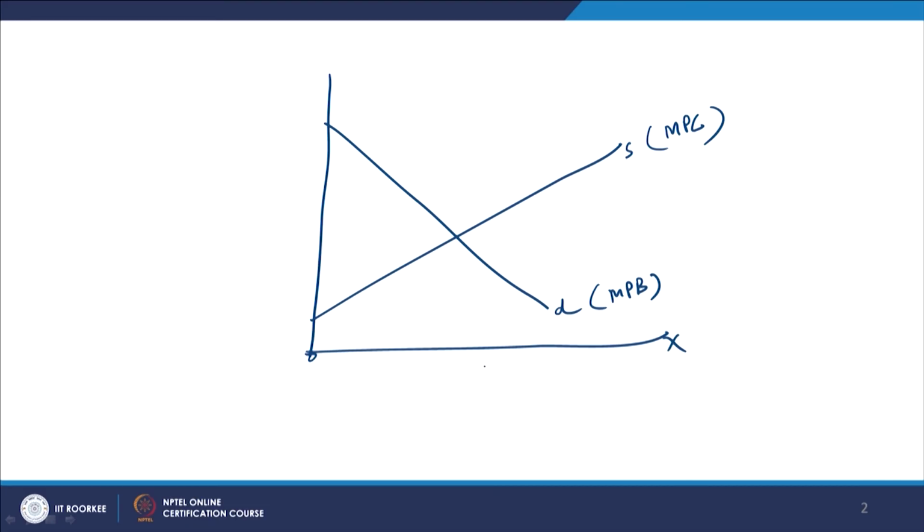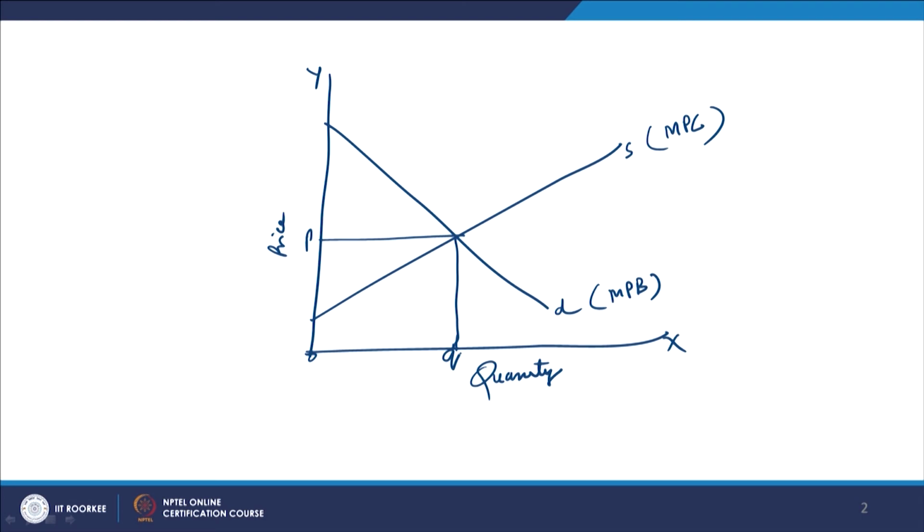Quantity Q is taken on the x axis and price is taken on the y axis. Now, this is the equilibrium point. So, the market price is OP and the quantity is OQ.